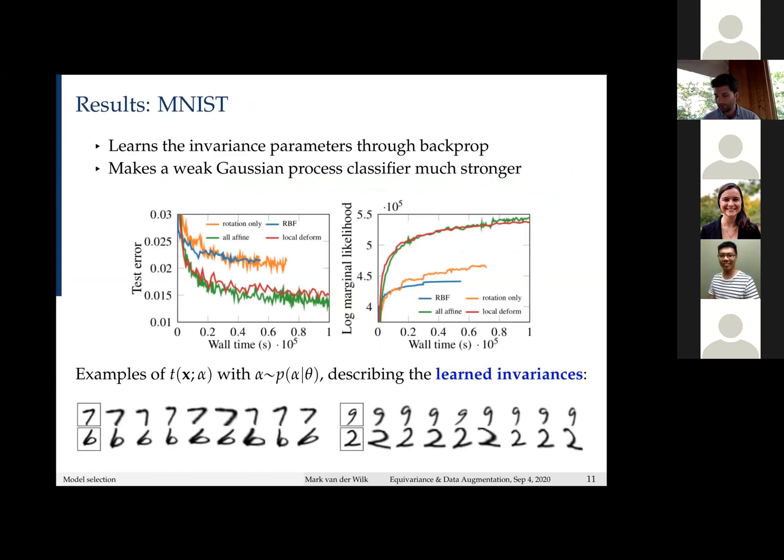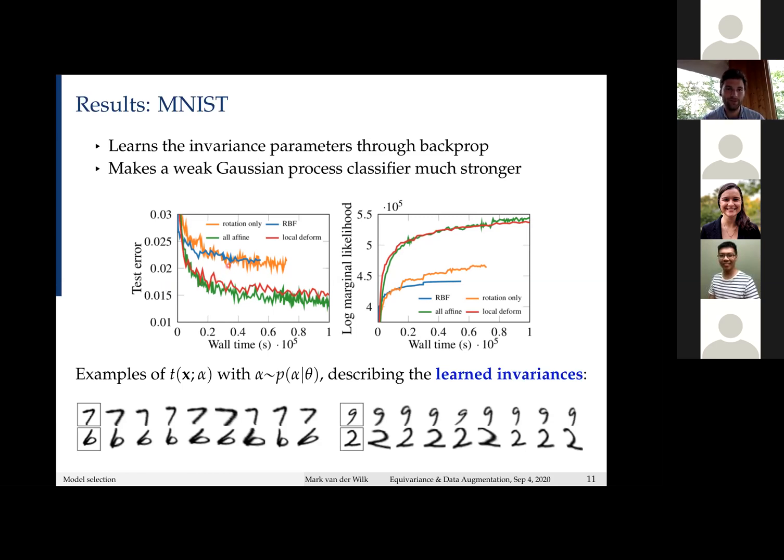Right, so to give a few results, like I said, we did this for single layer models. So we're still trying to scale this up to deep models that actually perform well on these kind of image style tasks. But what we were able to do is automatically learn what data augmentation would improve a relatively weak Gaussian process classifier and make it a lot stronger.